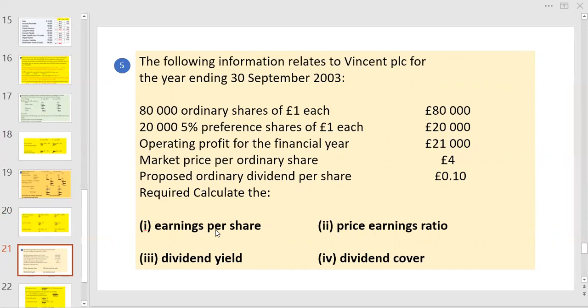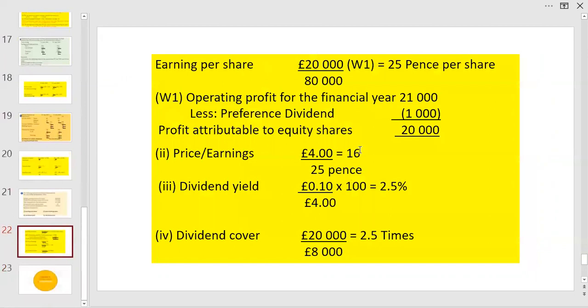Question 1 is earnings per share. Shares always refer to equity share. Therefore, preference dividend of 1,000 is removed from the operating profit of 21,000, leaving a balance of 20. As against 80, it is 25 cents per share.